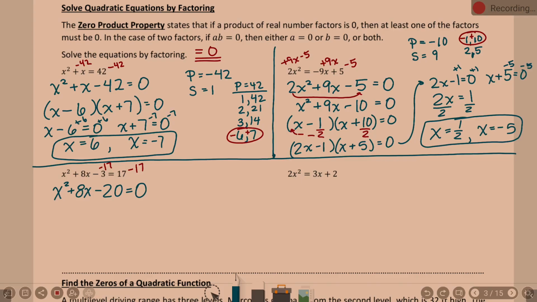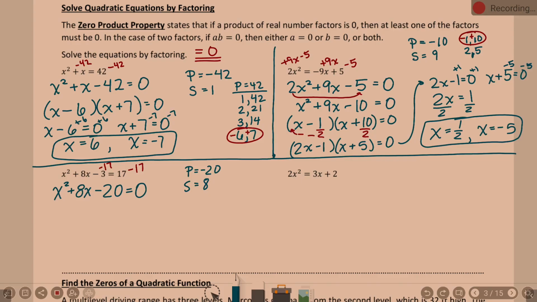Okay, so we need a product of my C value, -20, and a sum of my B value, which is 8. Again, if you're not just seeing which pairs, make a list, right?